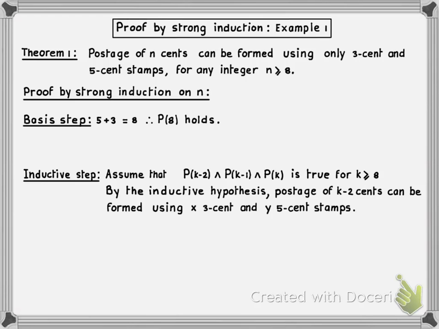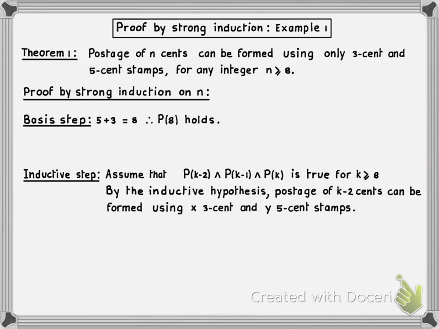And to be more precise, let's say you can do so by using exactly x stamps of this amount and y stamps of this amount.